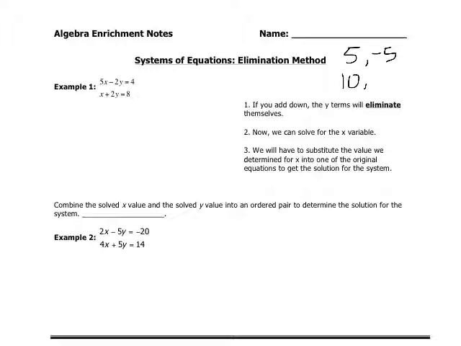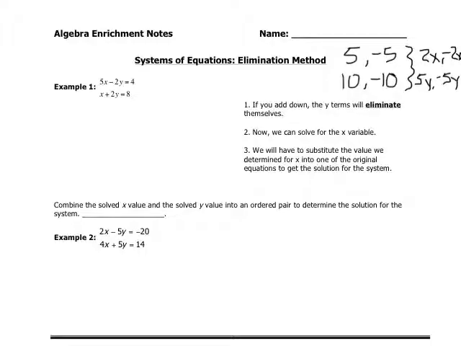We also have things like 2x and negative 2x, because 2x plus negative 2x is 0, it's nothing. 5y and negative 5y, because 5y plus negative 5y eliminates and makes 0. So we're looking for things that when we add them together, they eliminate each other.